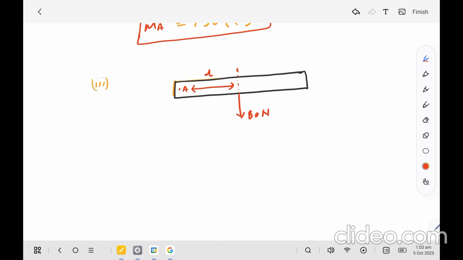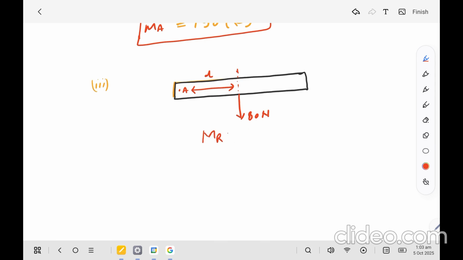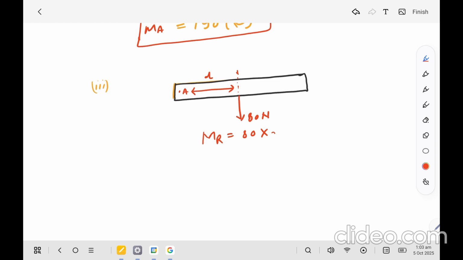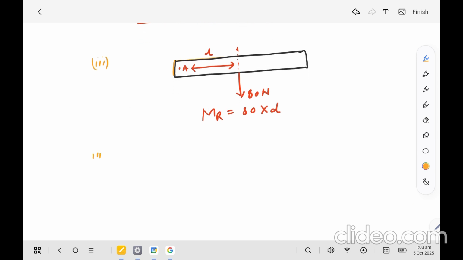Moment of this resultant, so MR is 80, the magnitude of this moment, into D. So now we can use the Varignon theorem here.